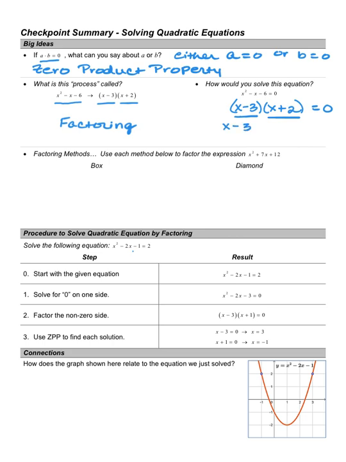Either x minus 3 is equal to 0, and then solving this mini equation tells me that x is equal to a positive 3, or x plus 2 is equal to 0, and solving that mini equation by subtracting 2 from both sides tells me x is equal to a negative 2. Those are the two x values I could plug into the original equation to make it all equal to 0.